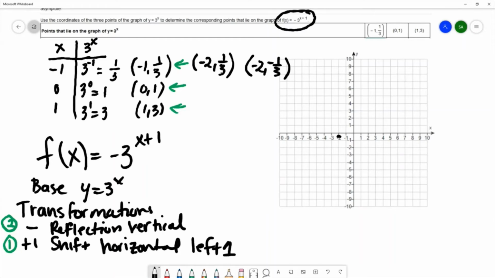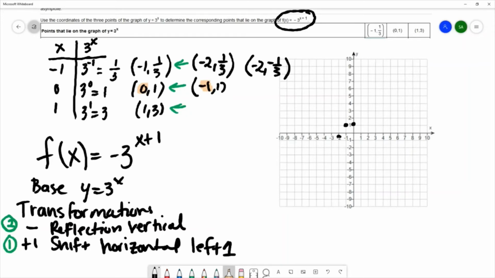For the next point, we start at 0, 1. The first transformation shifts to the left 1. The x-coordinate changed to be -1. Taking the original coordinate and subtracting 1 gives me -1. The y-coordinate stays the same.